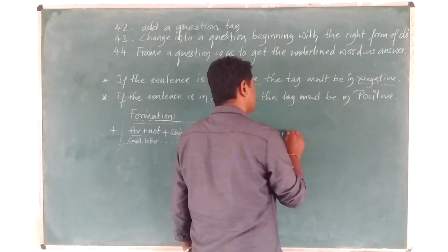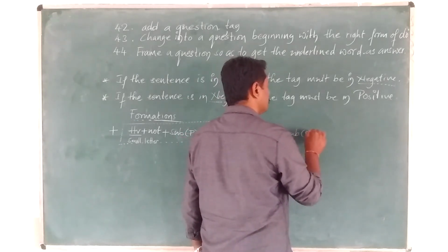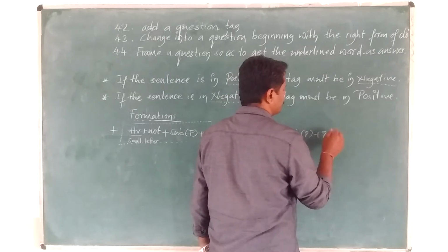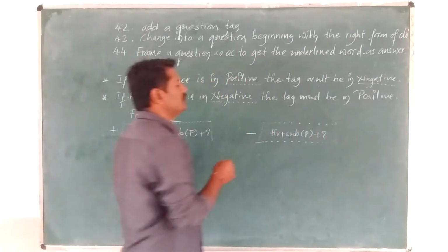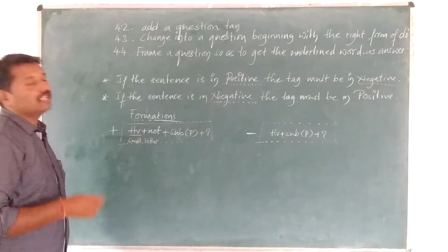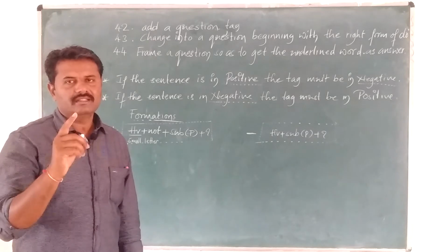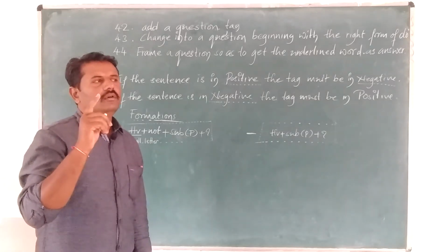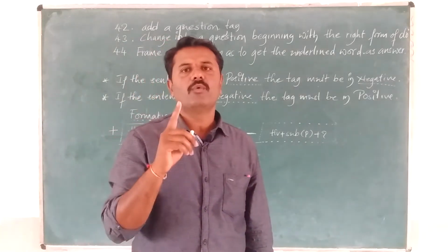So directly we should write the subject, that should be in pronoun, and at last the question mark. So this is the formation of negative statements tags. This is asked in the question paper for only 1 mark.